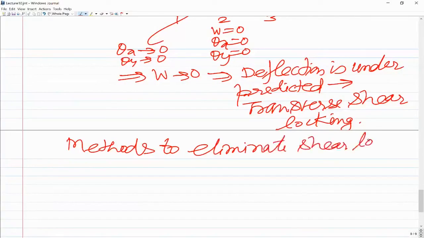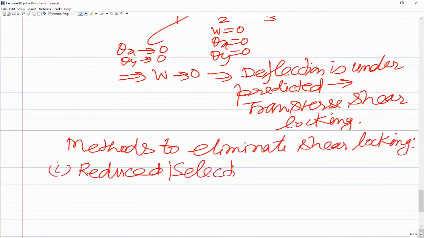One most commonly used technique is reduced or selective integration. Let me first list all the methods which are available for solving this problem. So one is reduced slash selective integration.